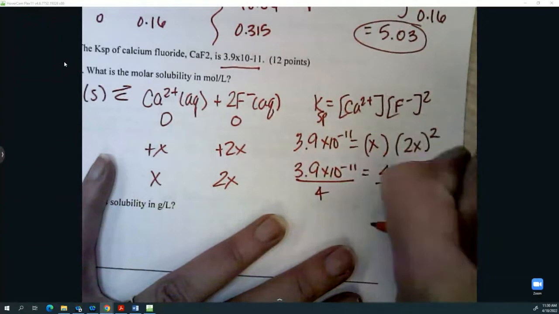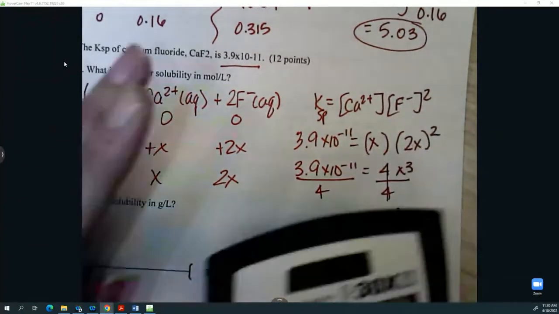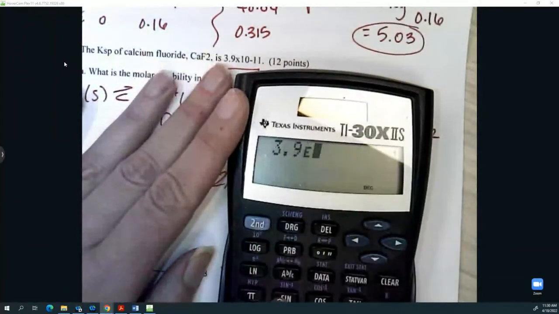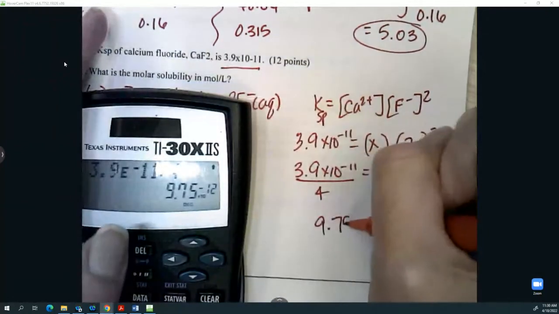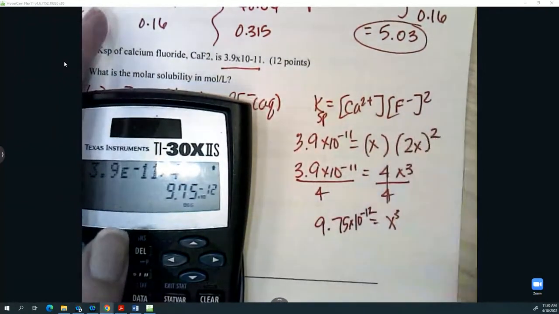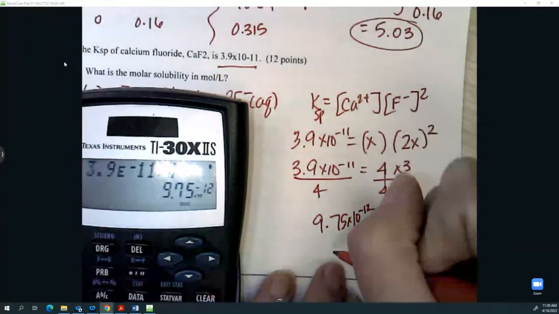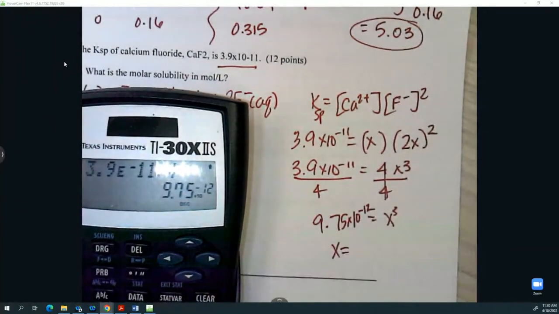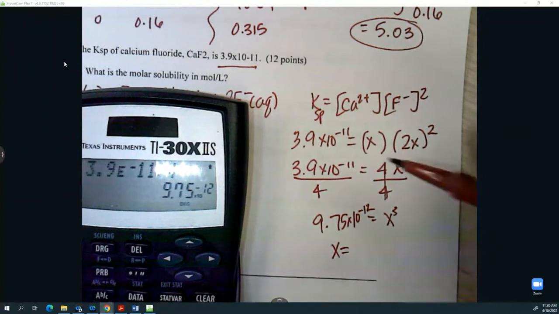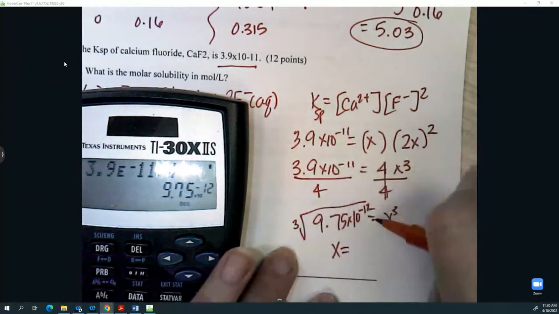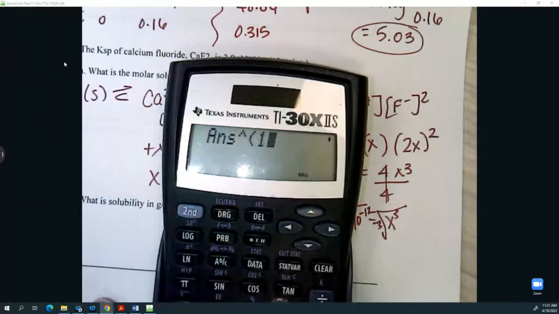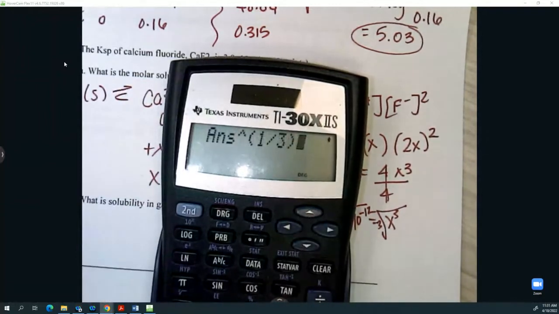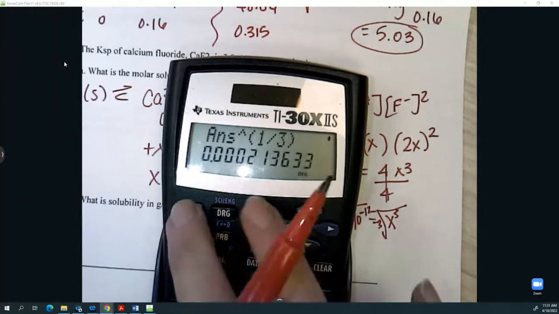So I'll just get X cubed by itself. And then to get x, I just need the cube root. I always just raise it to the 1/3 power, but we talked about a few ways you can do that in your calculator in class.